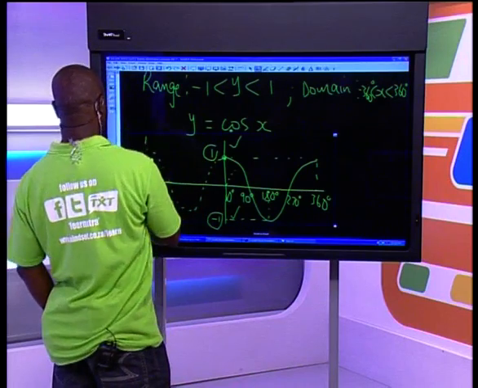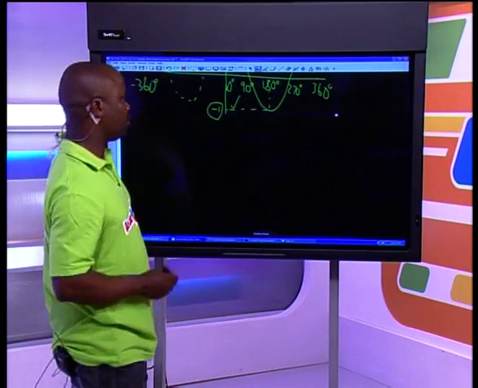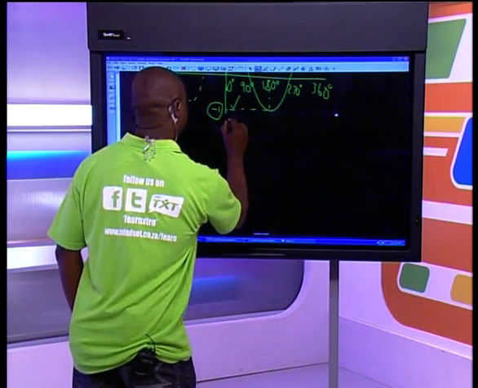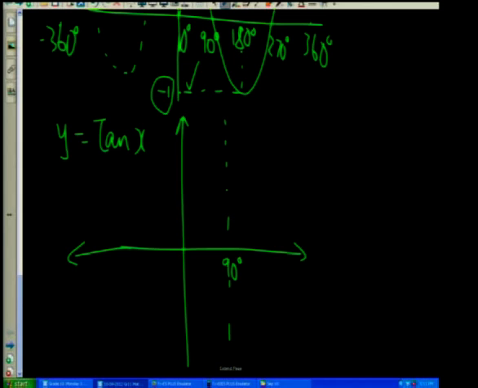All right, so if we move on to the next one, let's just cover, because there are only three basic functions that you have to worry about. So for a tangent graph, let's go y equals tan of x. There's a slight difference here. It's got what you call asymptotes. So you will have one at 90 degrees and every other odd multiple of 90 degrees.